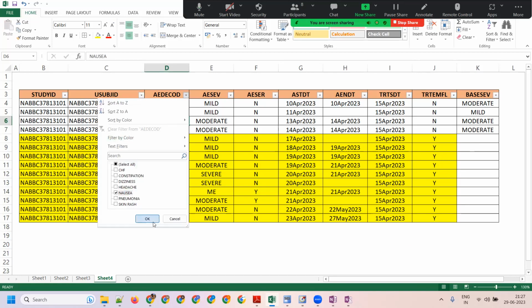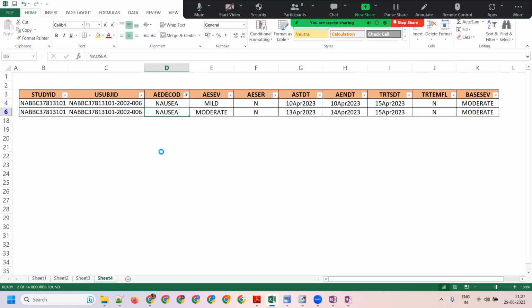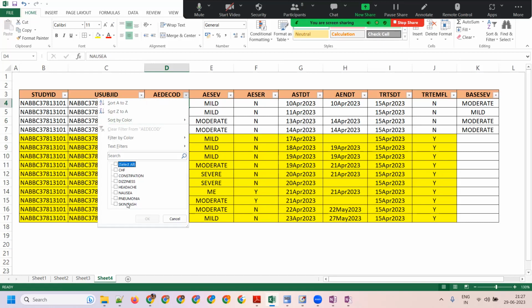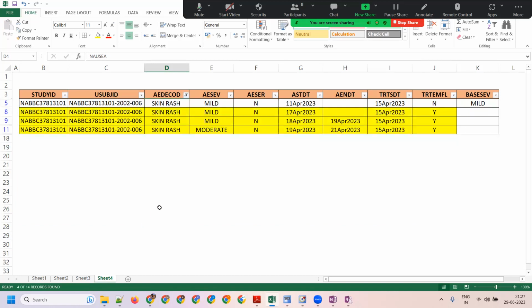First, nausea. Oh, not here. Skin rash, right? Because now I'm taking all the ones which happened in the treatment period, sorry. In the treatment period, whatever happened, I'm going to calculate now. So skin rash is the one which is there in the treatment period, but it also exists in the pre-treatment period, right?